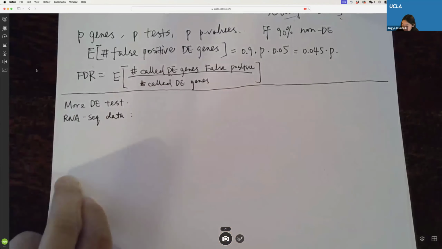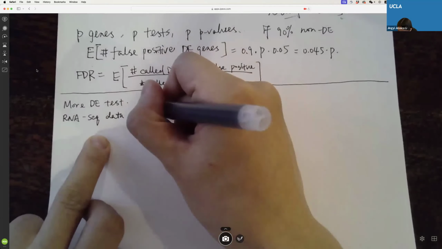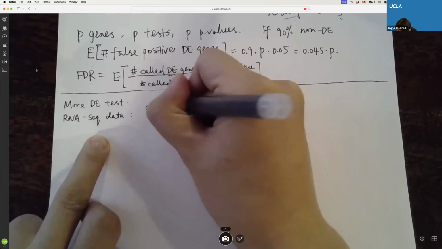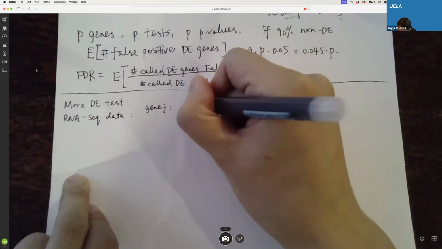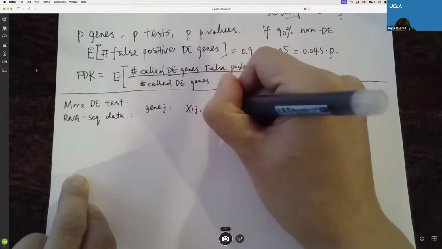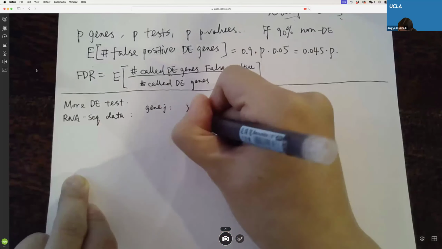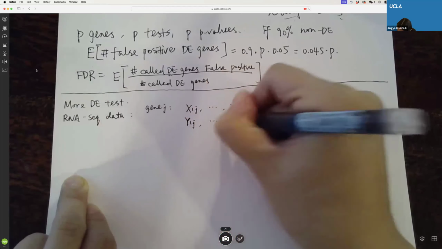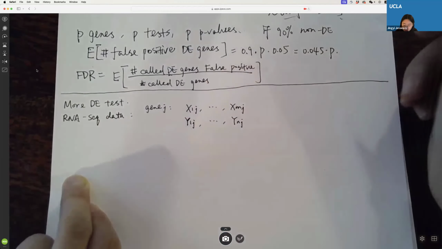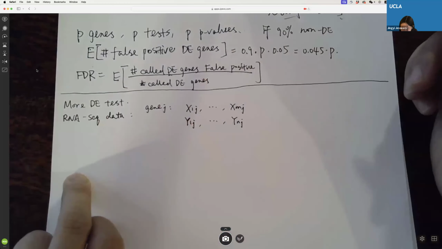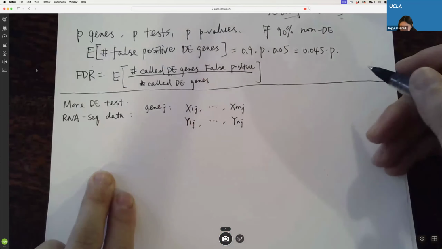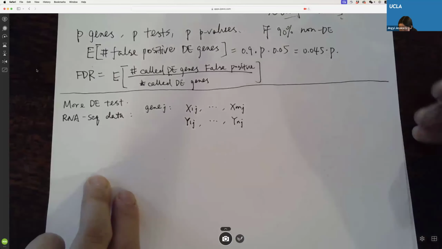If I still look at my gene J, and I still call my data of the two conditions X1J to XMJ for condition 1, and Y1J to YNJ for condition 2, then for RNA-seq data there is a special thing we have to consider.